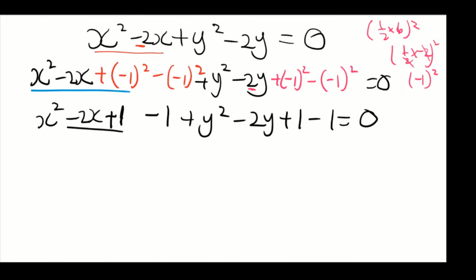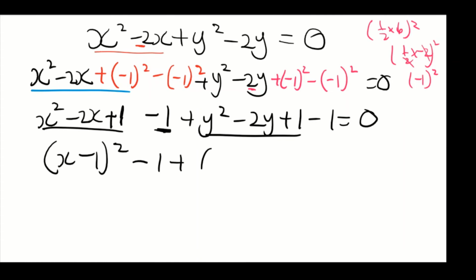As I said, factorize this: you're going to have x minus 1 all squared, and then you just write minus 1 here, plus, and factorize this portion, you have y minus 1 all squared, and then this one you write as minus 1 equals 0.